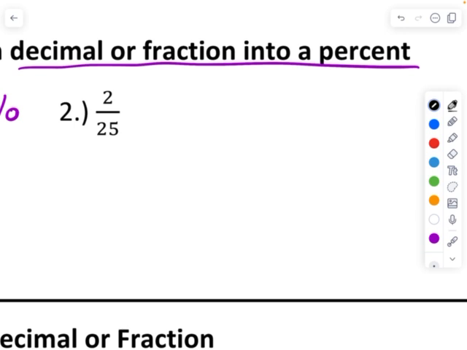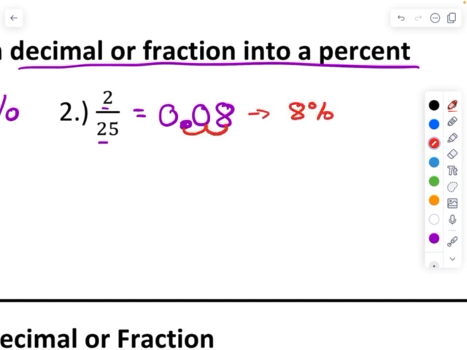Number 2, we have a fraction. So we first need to take the fraction to a decimal and then a percent. So take the top number divided by the bottom, so our numerator divided by the denominator, and in your calculator, you get 0.08. Be very careful where that decimal point is. Now we're back to the next step we worked with last time. We either multiply it by 100 or we swing the decimal place 2 places to the right.